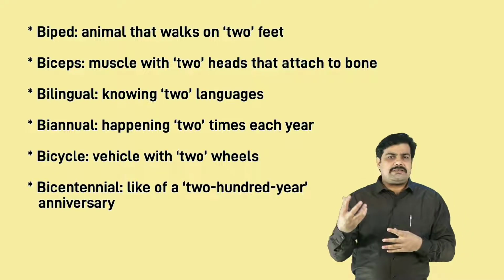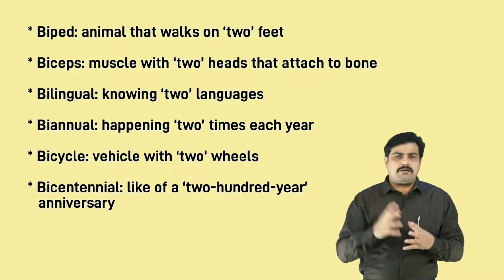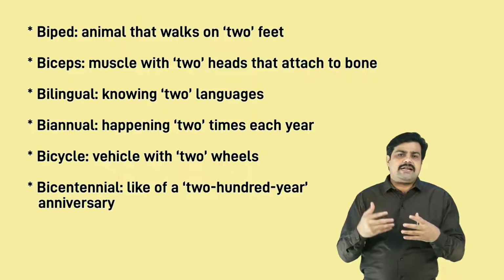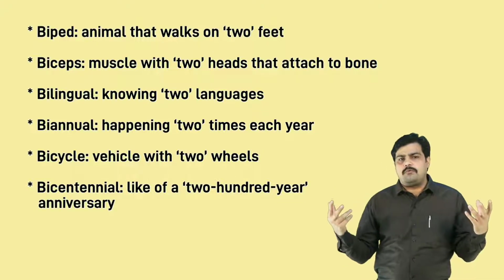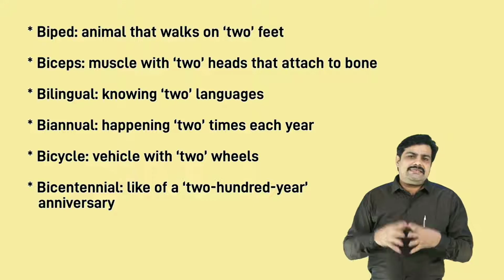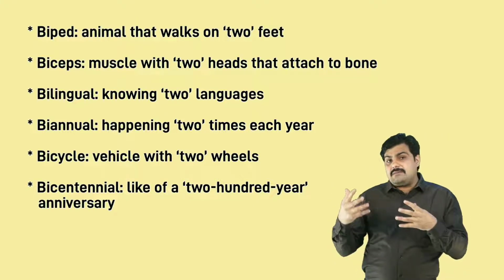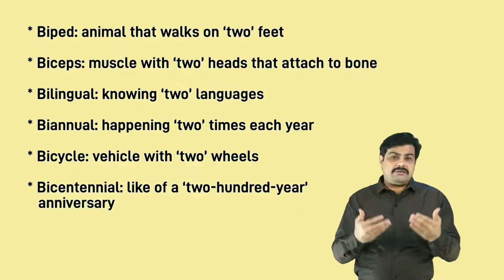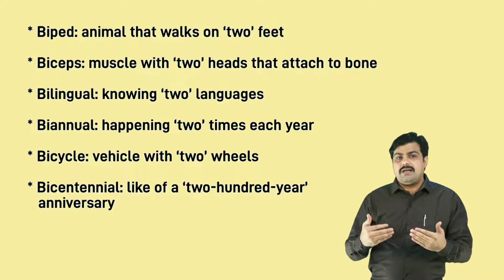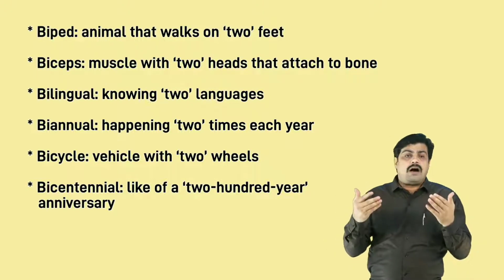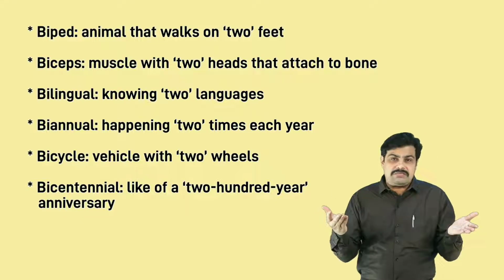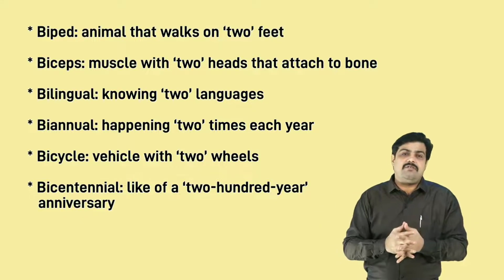Bicycle, cycle you understand is wheel or circle. So bicycle stands for a vehicle with two wheels. Bicentennial is a very important word here. Centennial means century. So you can get the meaning of this word, of a 200 years anniversary. So this is the meaning of bicentennial.